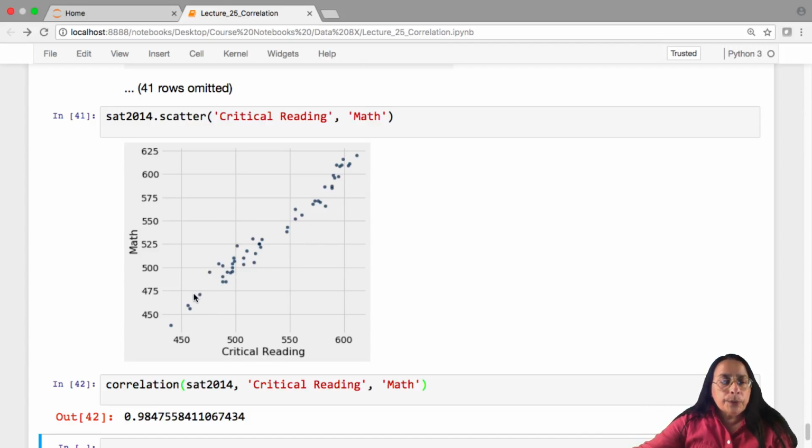So while it is true that there is a very tight relation between average critical reading scores and average math scores in the different states, if you look at individual students, for example, at this state, would all the students have scores at this point? They would not. On average, this would be their reading score, and on average, this would be their math score, but their points would be a blob with this as the center.